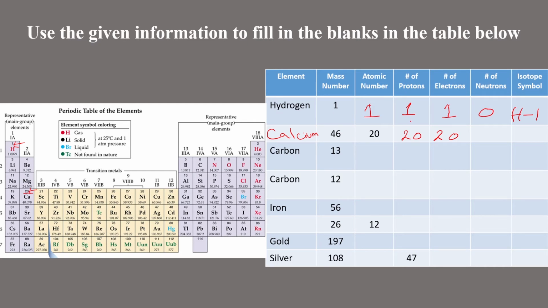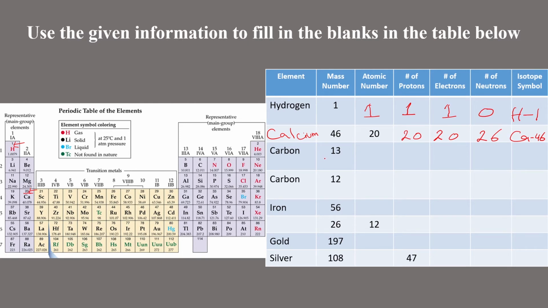Okay, so 46 minus 20 will give you number of neutrons. And how do we write the isotope symbol? It will be calcium, and this calcium has the mass number 46. So this will be calcium 46, like this. Okay, isotopes are identified by their mass numbers.